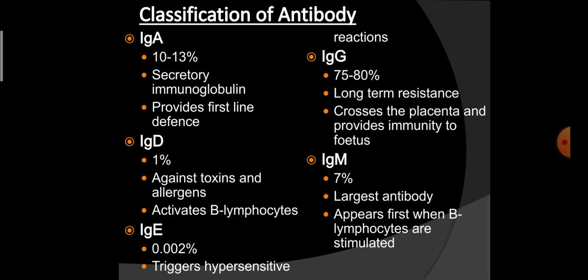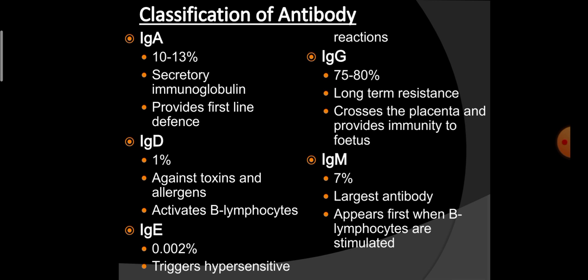Now coming to the classification of antibody, there are basically 5 types: IgA, IgD, IgE, IgG and IgM. So IgA: out of all the antibodies, 10 to 13% is IgA.